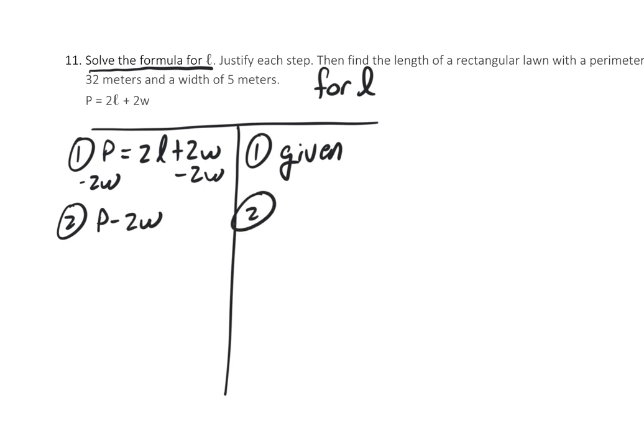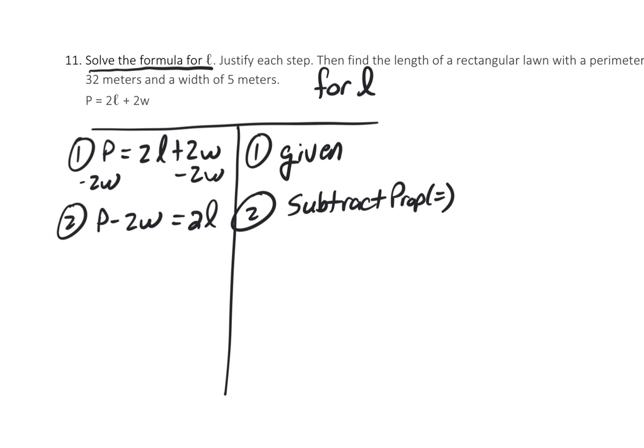And when I write that out, I think that kind of helps me to identify what my step was or what my property is. Because we subtracted 2W from both sides, then that's just the subtraction property of equality. Okay, we still don't have L by itself yet, so we got to do one more step.